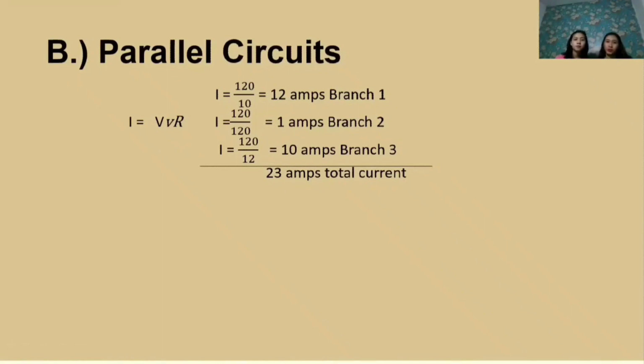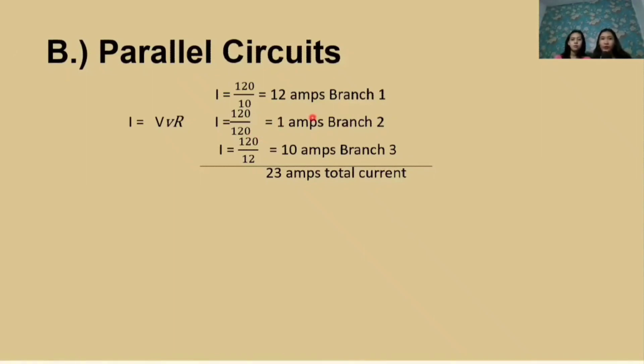To get the current, same as the other formulas, current equals V over R, voltage over resistance. I equals 120 volts divided by 10 ohms, which is 12 amps.